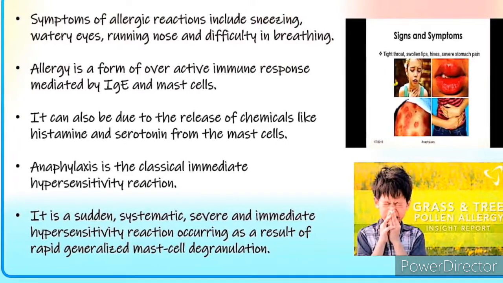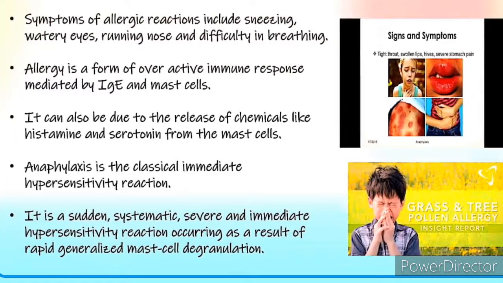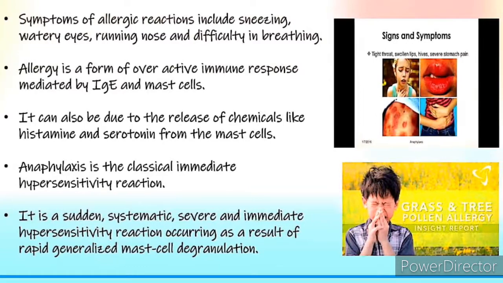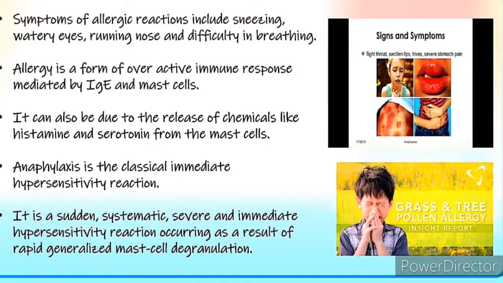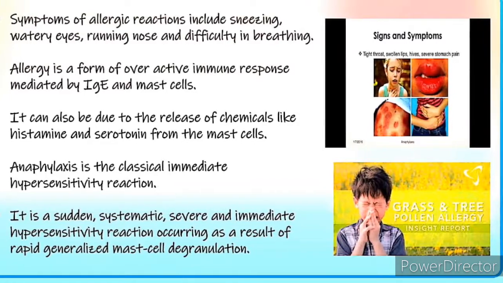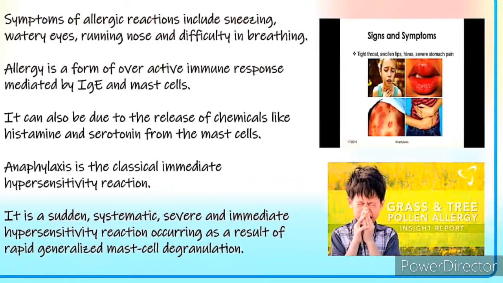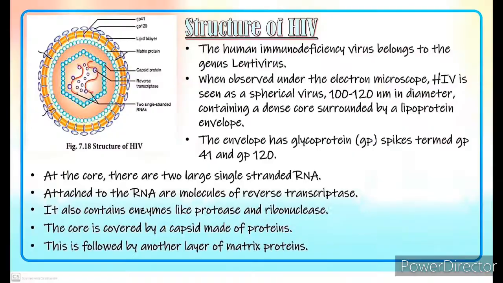It is mediated by IgE, that is immunoglobulin E epsilon, and mast cells. Anaphylaxis, very important to mark. It is the classical immediate hypersensitivity reaction. It is a sudden, systemic, severe and immediate hypersensitivity reaction occurring as a result of rapid generalized mast cell degranulation.